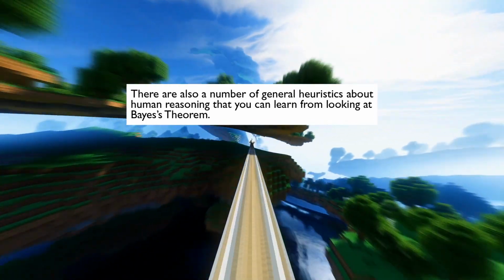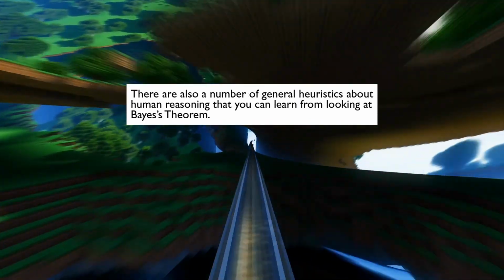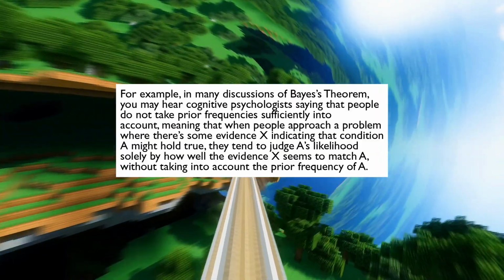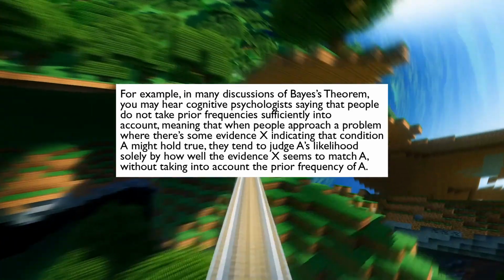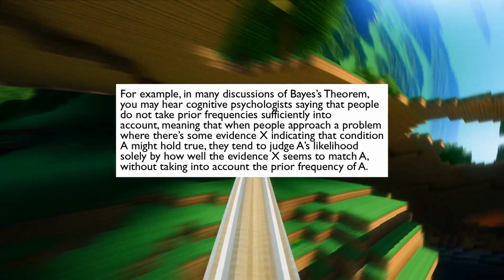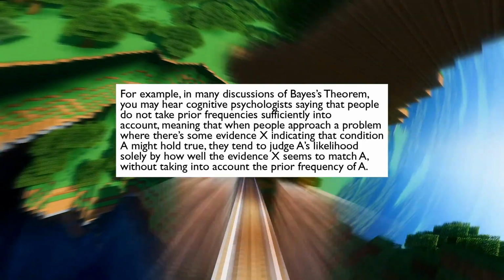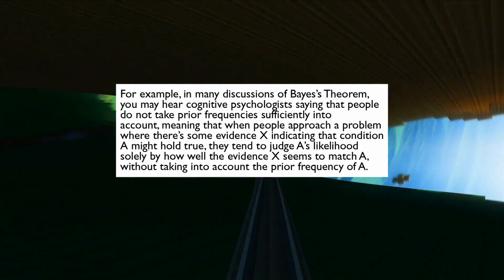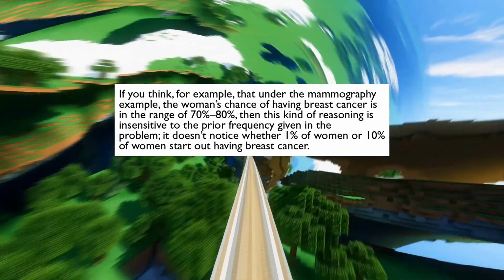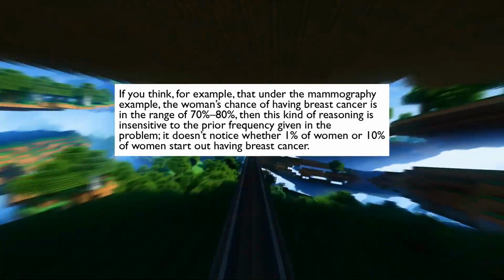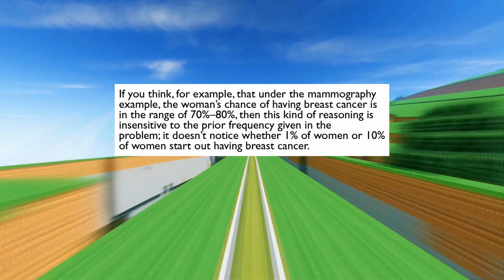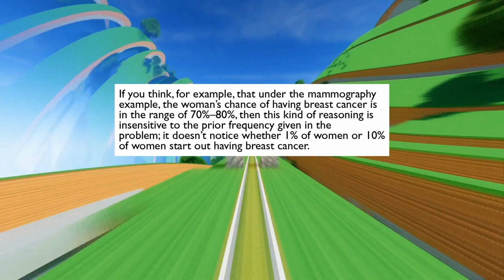There are also a number of general heuristics about human reasoning that you can learn from looking at Bayes' theorem. For example, in many discussions of Bayes' theorem, you may hear cognitive psychologists saying that people do not take prior frequencies sufficiently into account, meaning that when people approach a problem where there's some evidence X indicating that condition A might hold true, they tend to judge A's likelihood solely by how well the evidence X seems to match A, without taking into account the prior frequency of A. If you think, for example, that under the mammography example, the woman's chance of having breast cancer is in the range of 70% to 80%, then this kind of reasoning is insensitive to the prior frequency given in the problem.